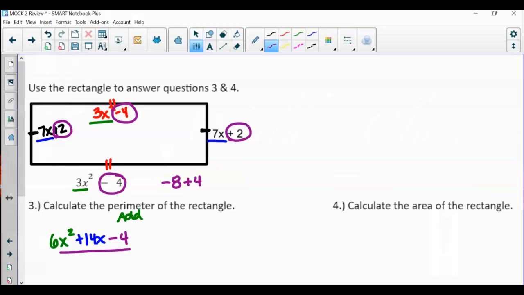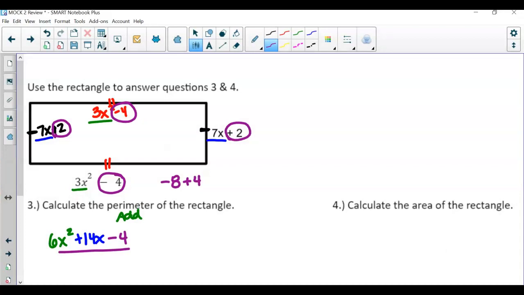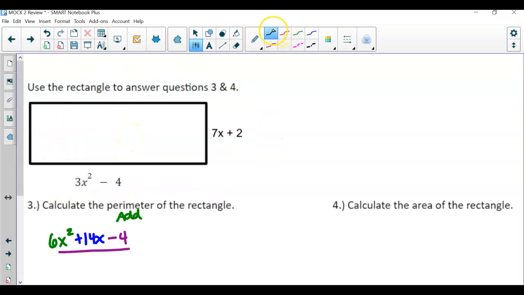So then if I wanted to find the area of the rectangle, I'm going to erase this. To find area of the rectangle, remember area is just length times width. So with the length times the width here, I just need to multiply 7x plus 2 times 3x squared minus 4.